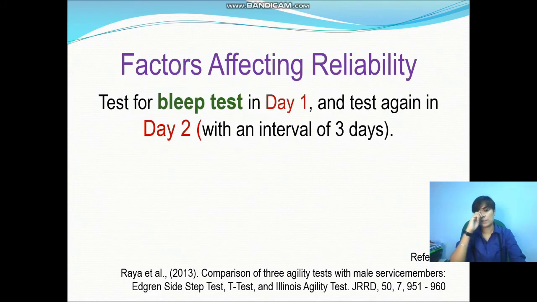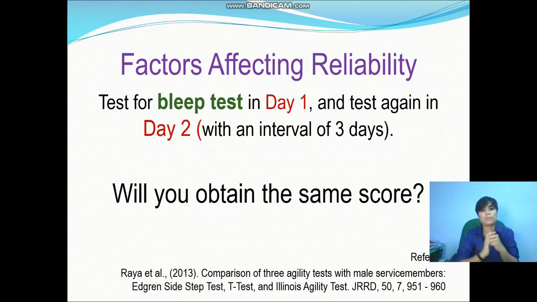Okay, right. So this is still in the topic of reliability. Test the blip test on day 1 and test again on day 2, with an interval of 3 days. Would you produce the same result? Would you obtain the same score? If you obtain the same score, it means the result is reliable, the test is reliable.